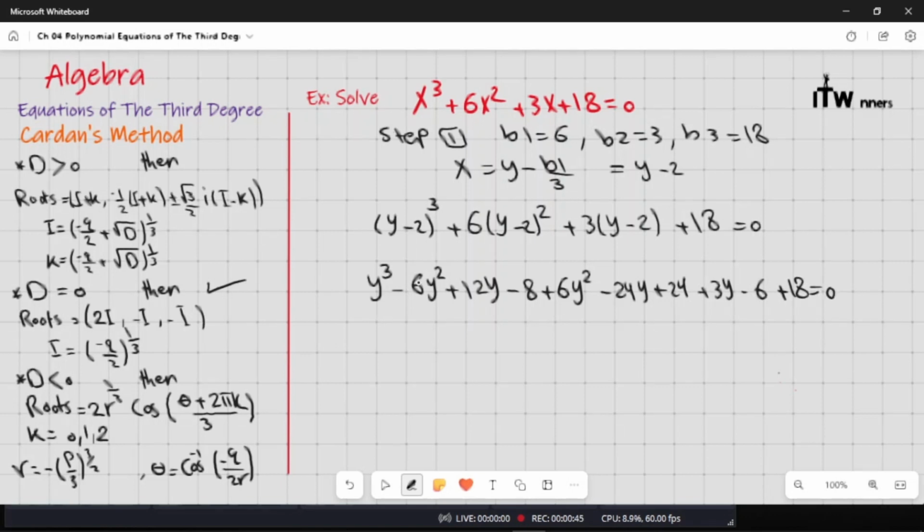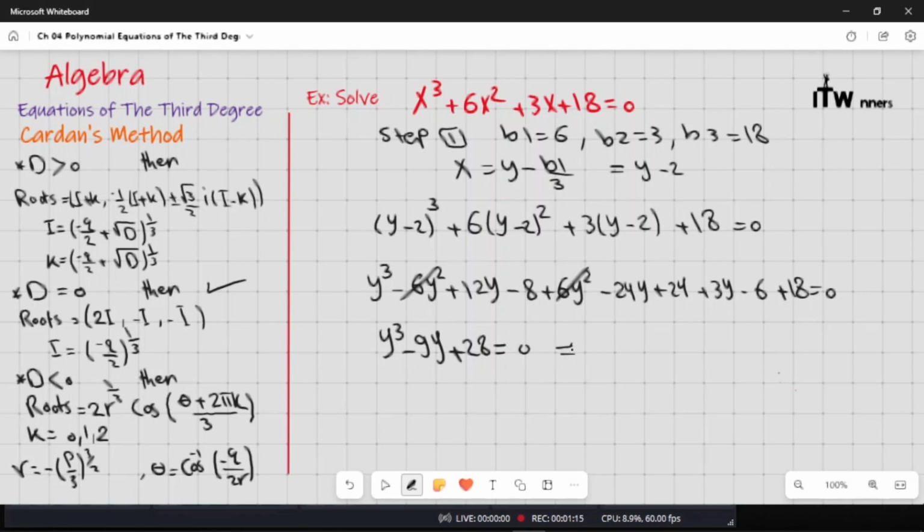So here we have negative 6y squared, we have here 6y squared. Okay, and by simplifying all these terms together, we will obtain y cubed minus 9y plus 28 equal to 0.